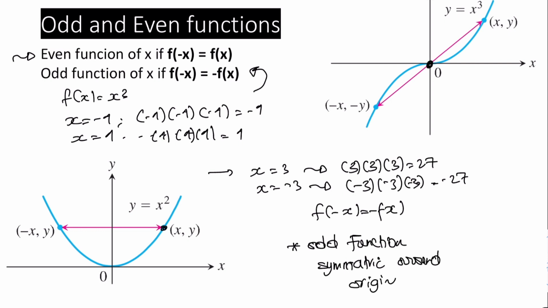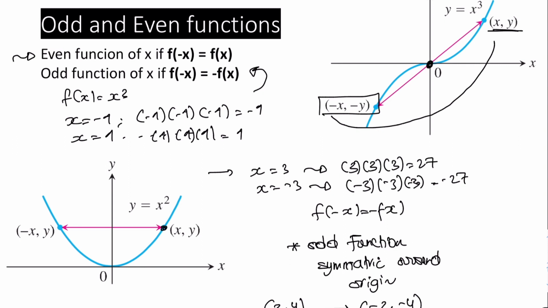The condition is that each point x, y has a complementary point minus x, minus y. So if I have a point, let's say 2, 4, in an odd function, I will have a complementary point minus 2, minus 4. This is obligatory in an odd function.